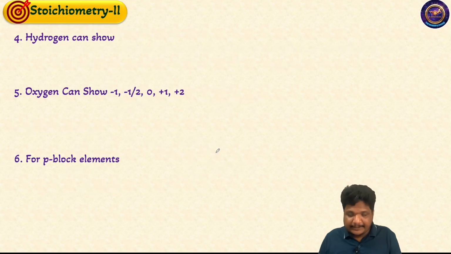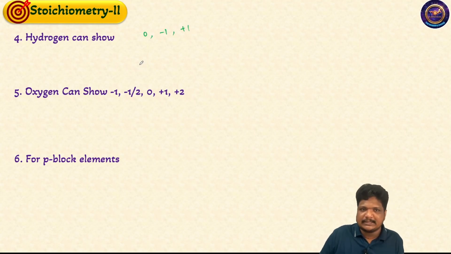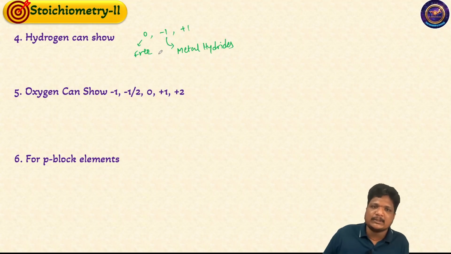Now coming to hydrogen, hydrogen can show 0 oxidation state, minus 1 oxidation state and plus 1 oxidation state. 0 in free state, whereas minus 1 oxidation state is in metal hydrides, where hydrogen shows the minus 1 oxidation state.